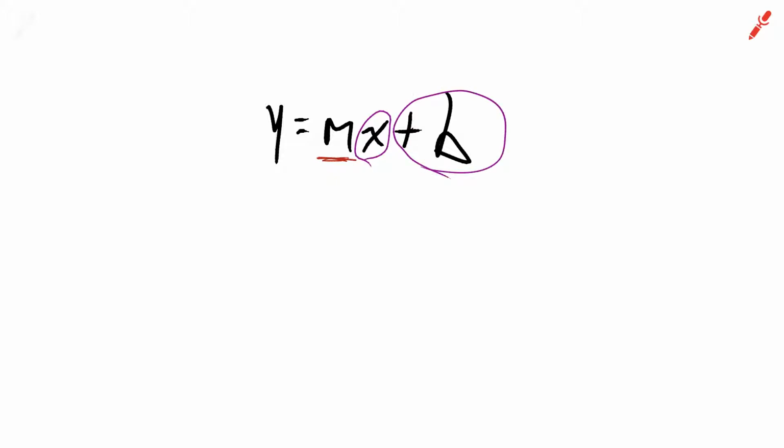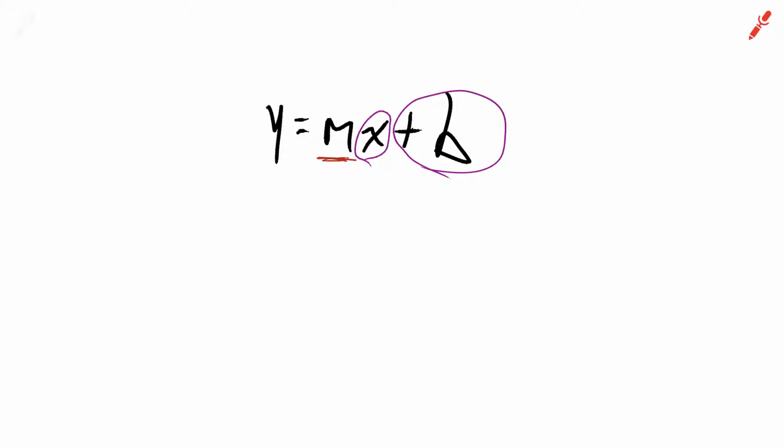Let's talk about y equals mx plus b. And what we're going to do is we're going to use this to solve for m. If I solve for m, please remember just the model from yesterday. X needs to disappear, b needs to disappear.